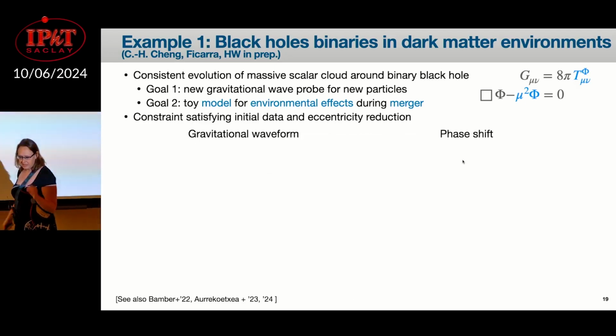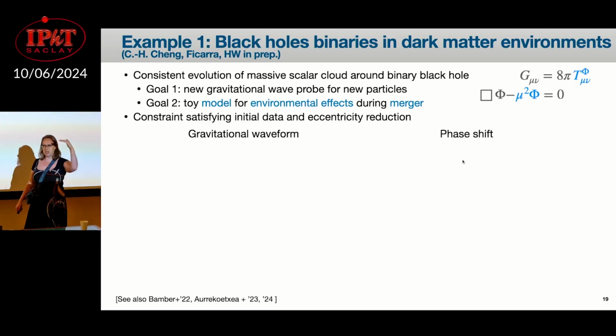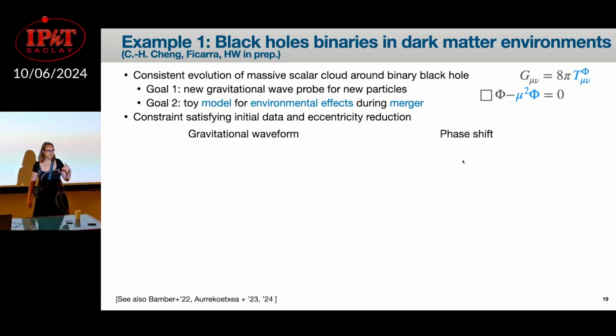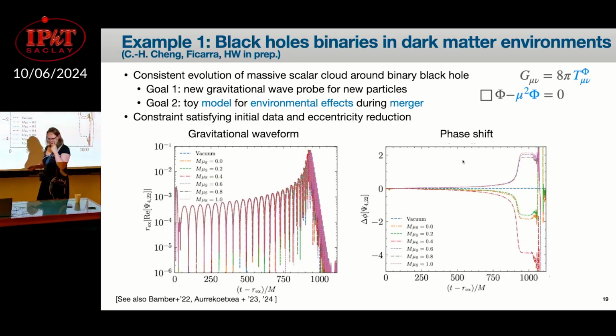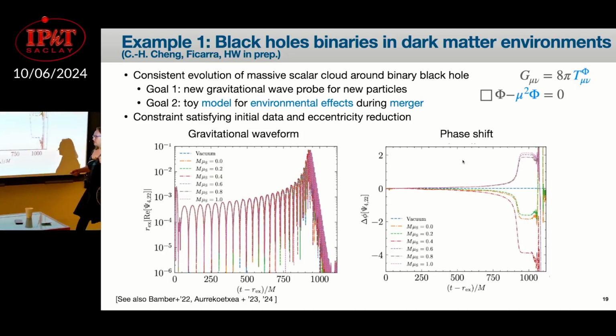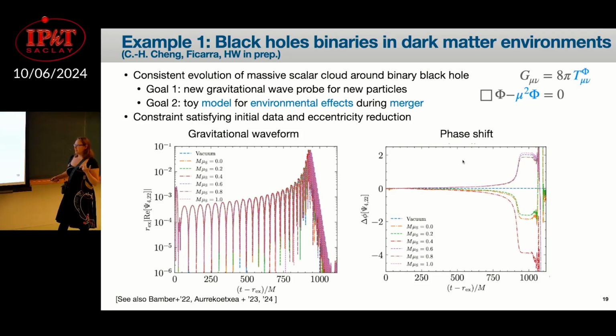Because now we've done a series of simulations where we varied the mass parameter of our scalar field between 0 and 1. And what I'm showing you here on the left, and I know it's a very busy plot, is the gravitational radiation measured by the Newman-Penrose scalar as a function of time, again measured in units of M. And the different colors correspond to different values of our scalar mass parameter between, as I said, 0 and 1.